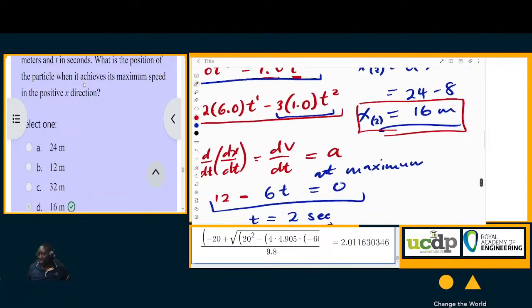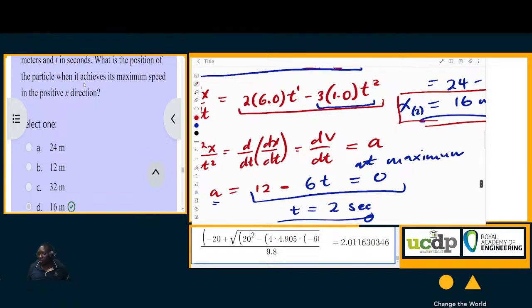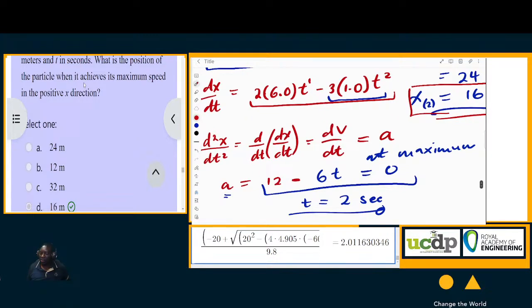So that's basically one way to look at it. Remember, your question can just say what is the magnitude. If it's magnitude, then accelerations that are negative can still give you the magnitude, because the magnitude is the size, the value of the acceleration, besides the negative being the direction.